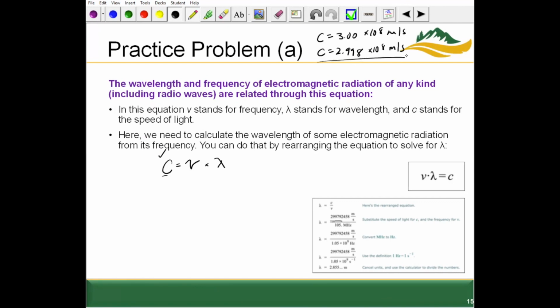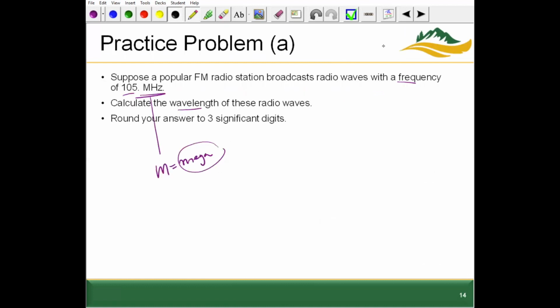So this number is slightly unrounded. You'll get a slightly more accurate answer using this value for C, the speed of light, rather than this value. And to be clear, this is raised to the power of 8 and raised to the power of 8. So we know C, we're also given the frequency in megahertz.